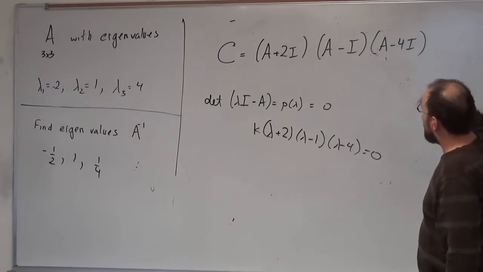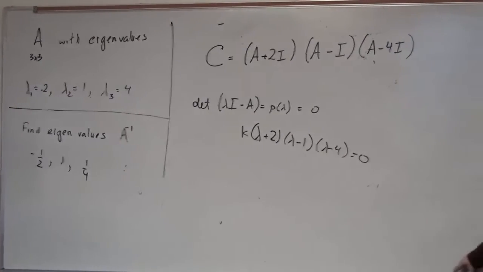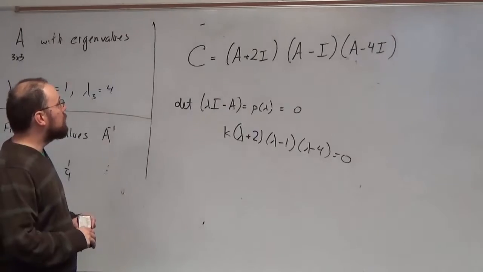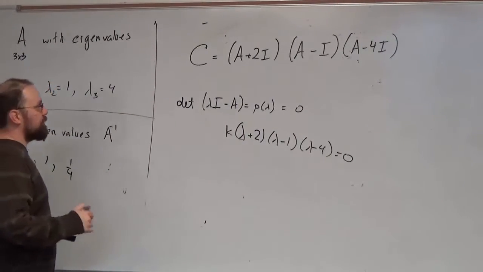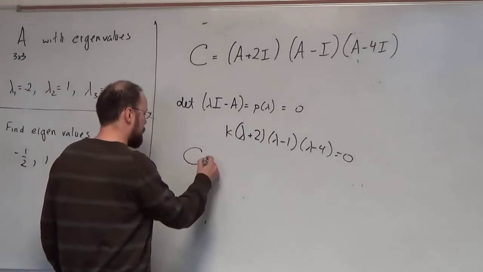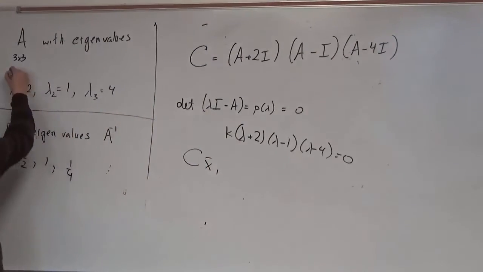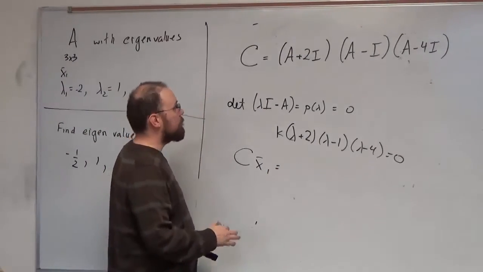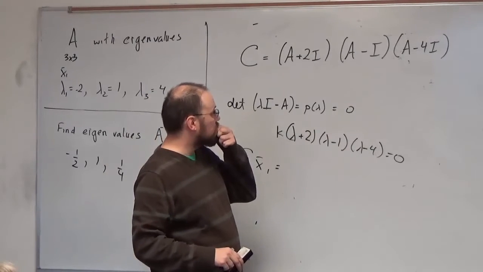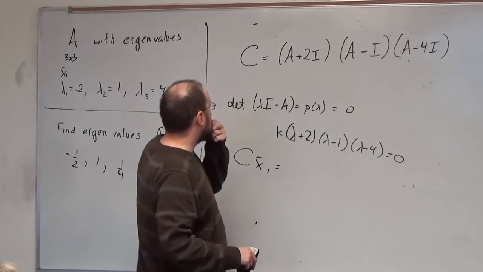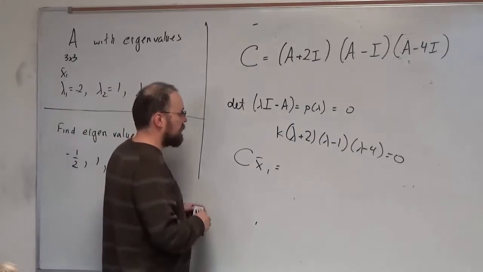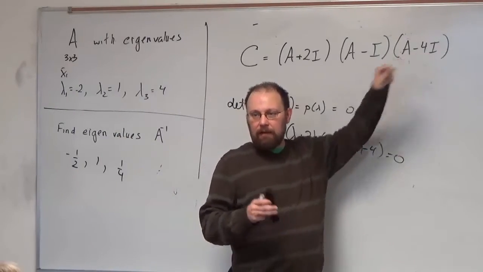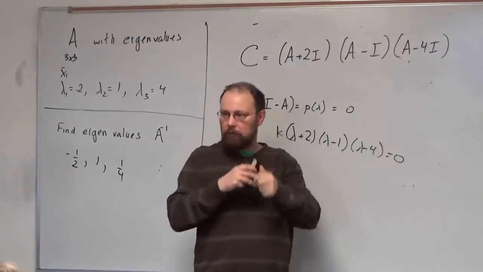All right, so what are the eigenvalues of matrix C? Well, suppose we take the first eigenvector for matrix A, x1, associated to this eigenvalue. What will this be? Well, these things commute, because A and I commute, we can rearrange the factors.